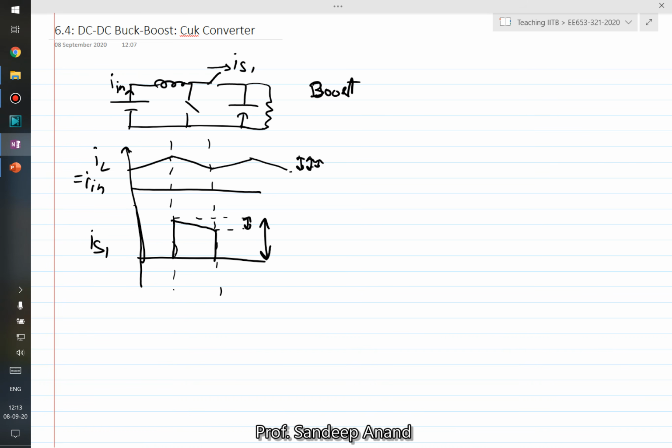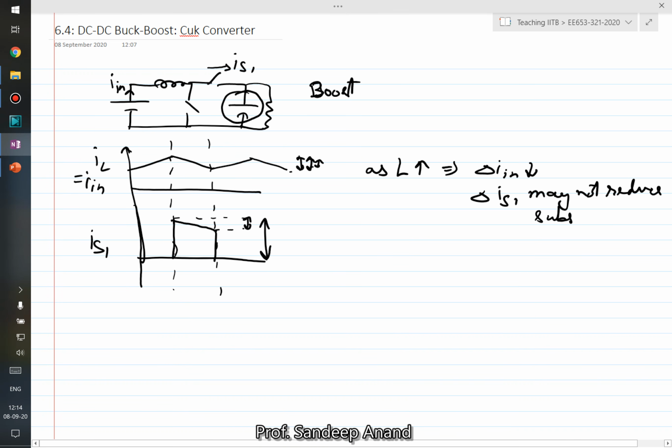The effect may not be that significant after a certain value of L. So although you are able to reduce the input current ripple, the output current ripple remains more or less the same, and therefore you would still have to use a large value of C. So as L increases, your delta I_in reduces, but delta IS1 may not reduce substantially, and which implies that C may still be large, right?